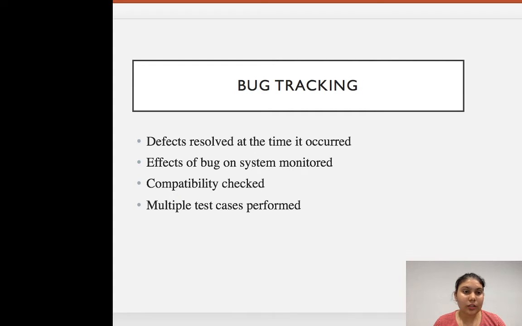There are different types of bugs: sometimes a bug doesn't affect a particular module, but when different modules combine, it affects the behavior of other modules. These are the types of bugs that we need to track, making sure there is compatibility with different modules while we are checking for bugs. There are multiple test cases that we need to perform so that there won't be any bug left in the software.